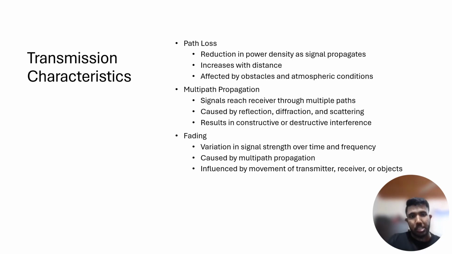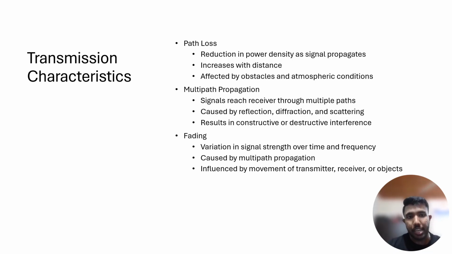Multipath propagation occurs when signals reach the receiver through multiple paths due to reflection, diffraction, and scattering. Depending on the phase relationships, this can cause either constructive interference, strengthening the signal, or destructive interference, weakening it.